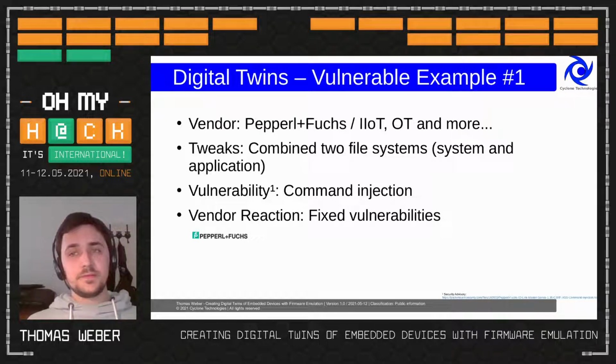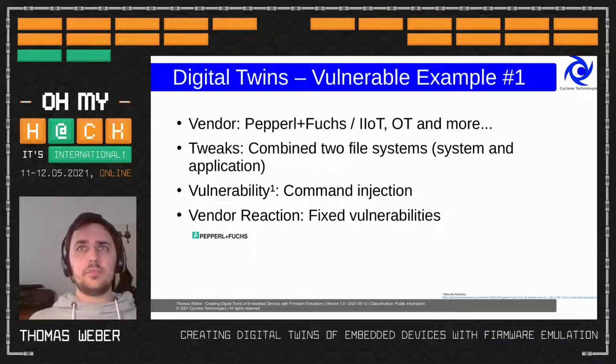And I had another file system which just contained the web server content and some applications and stuff like that. I found other vulnerabilities too, but the vulnerability that I want to show you in this case was a command injection. And the vendor reaction was really correct. They fixed the vulnerabilities in time, and the advisory was disclosed afterwards.